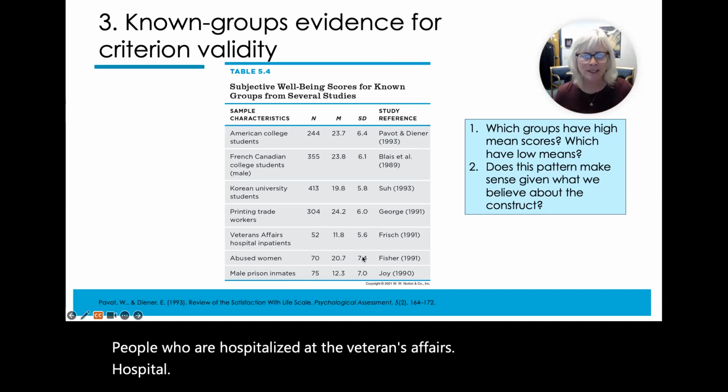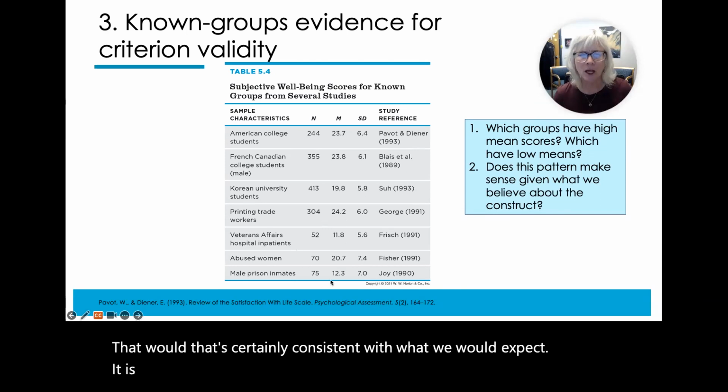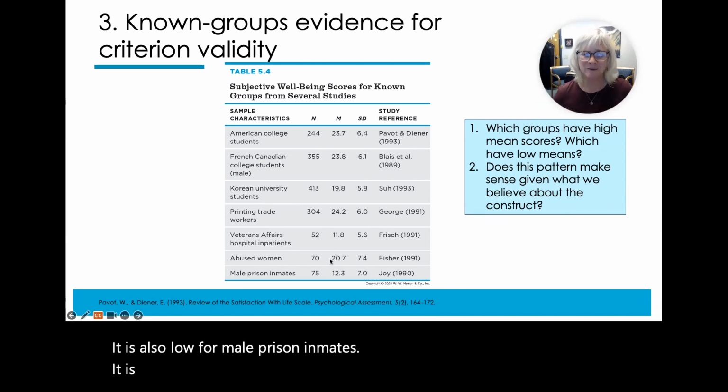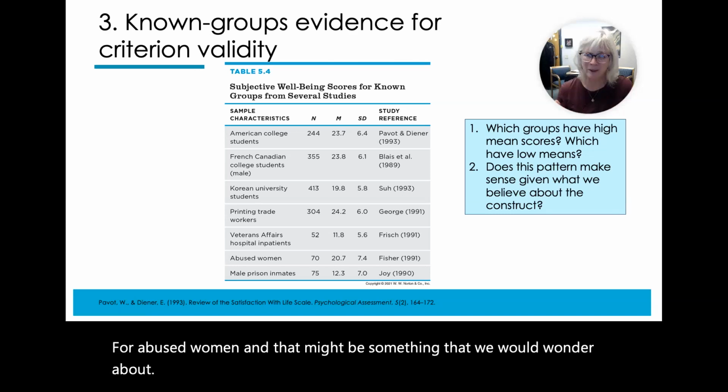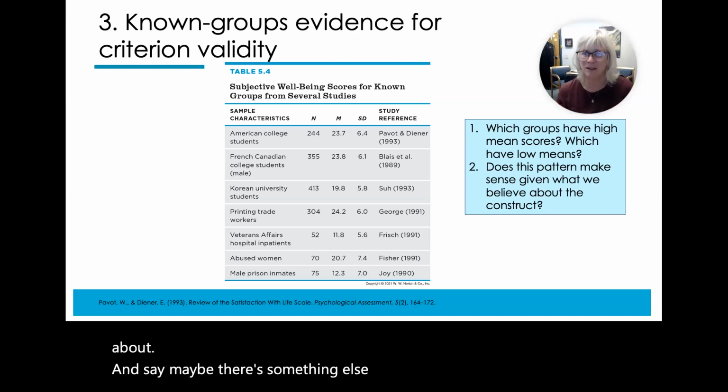That's certainly consistent with what we would expect. It is also low for male prison inmates. It is surprisingly high, though, for abused women. And that might be something that we would wonder about and say, maybe there's something else that we need to know here.